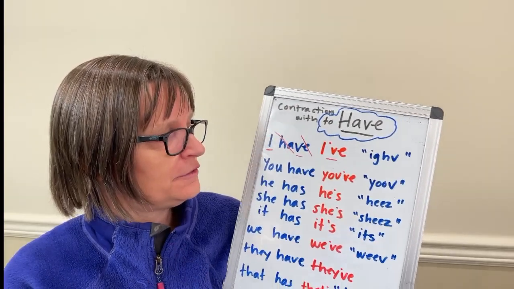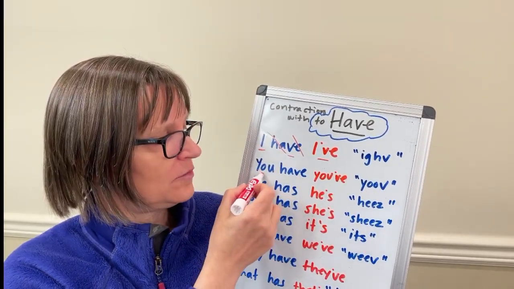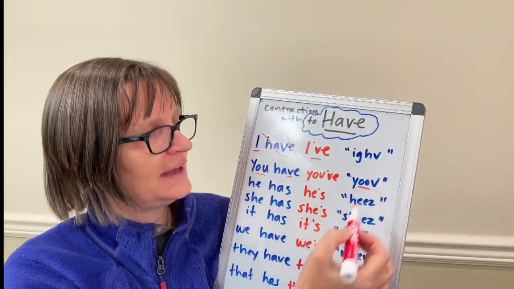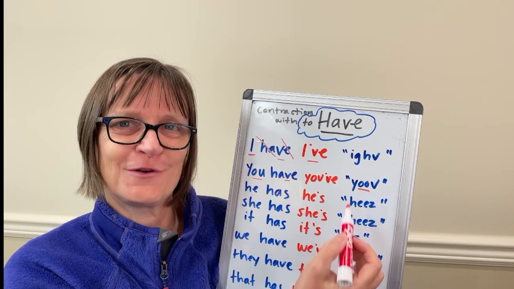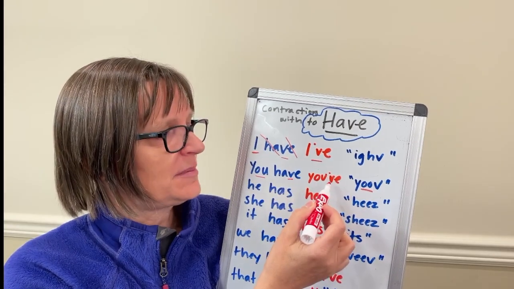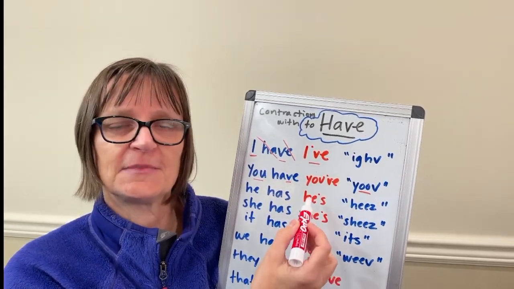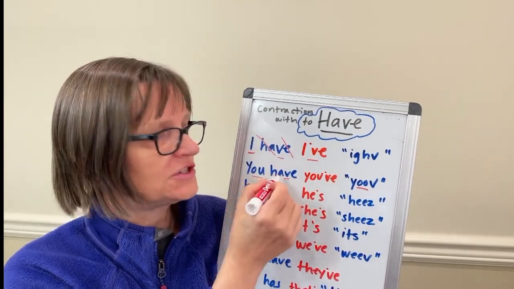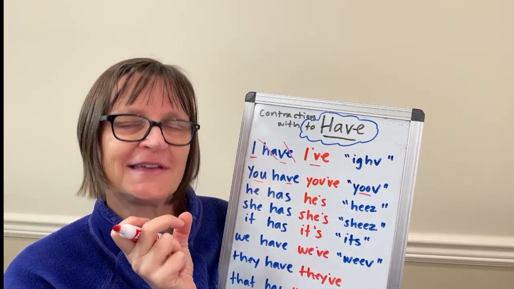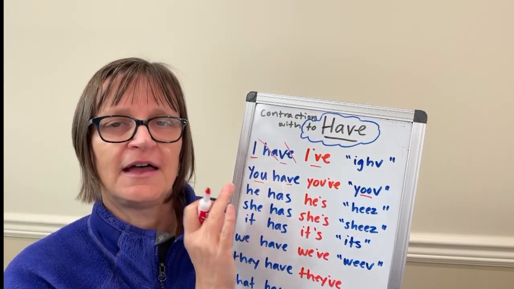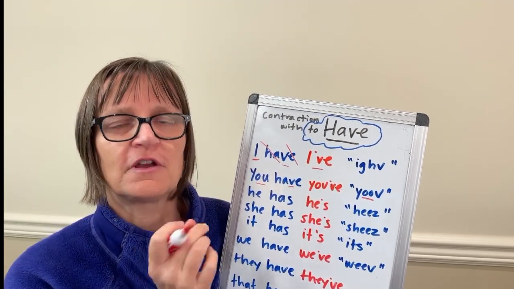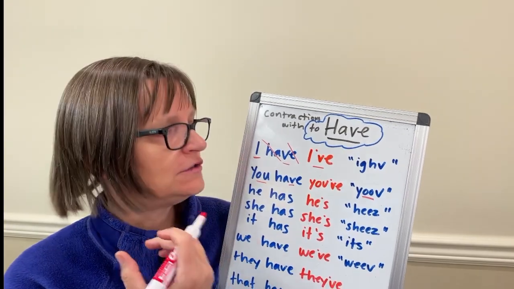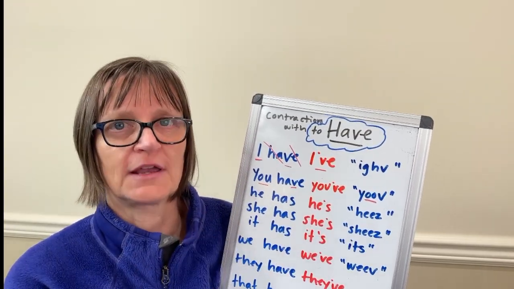Same thing with you've. We just take the pronunciation of you and we add the v of have. It becomes you've. I've rewritten and respelled these for you here because I think often when people see this, what I hear them saying is something more like you have, like they just take have and they say it more quickly, but you really want to drop the h and the a of have and just use v, you've been, you've had a hard time, you've been great, you've been working hard.